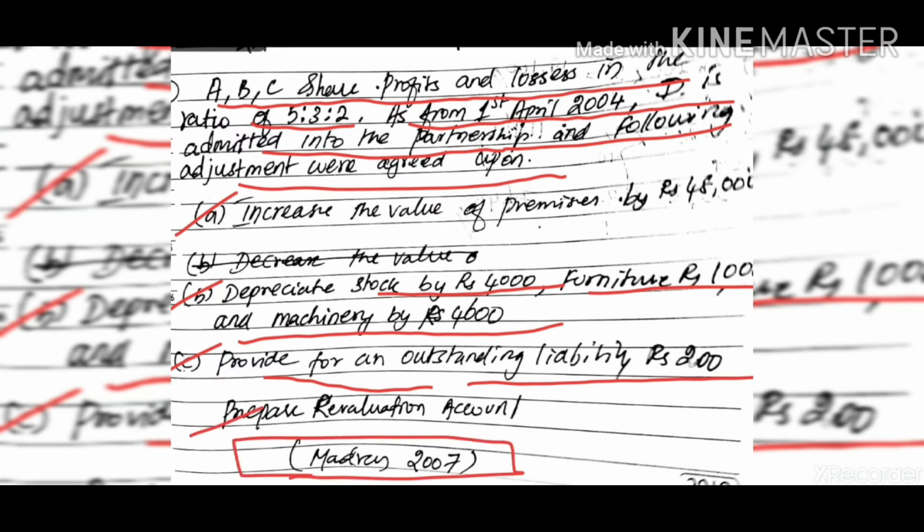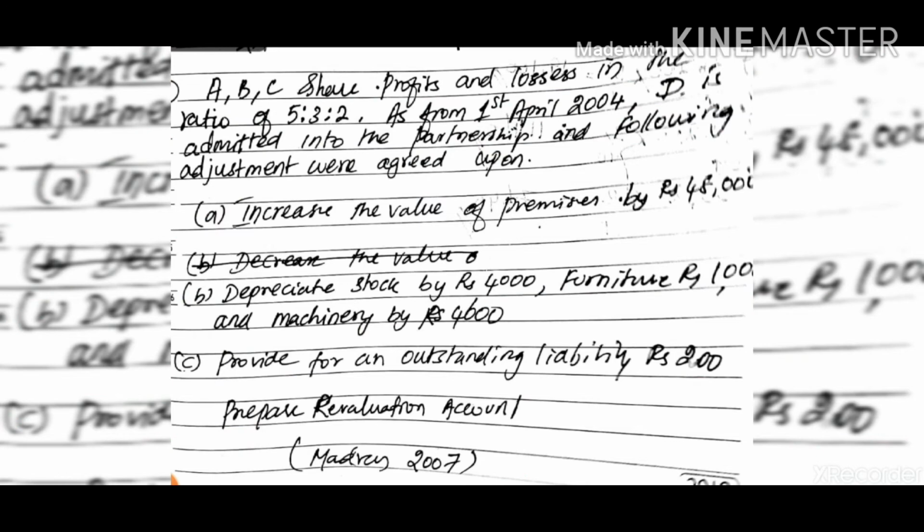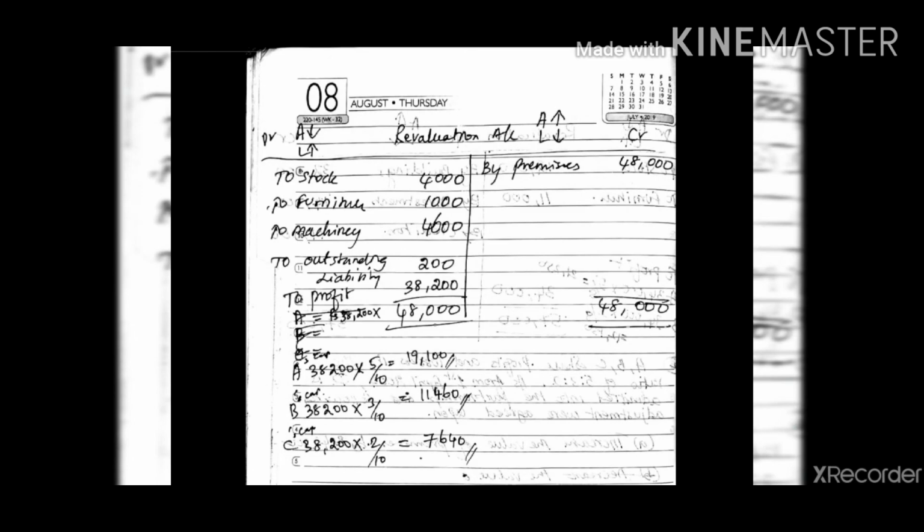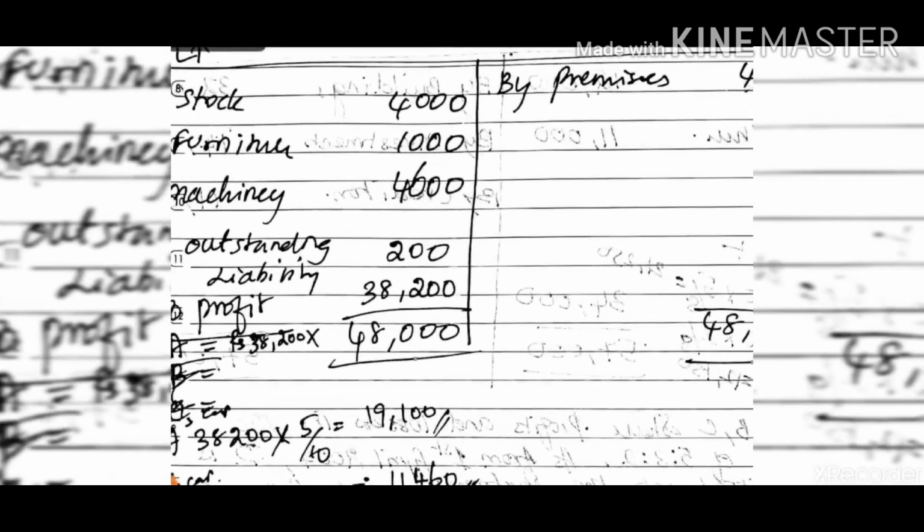Let us discuss the solution part. First one, we have increase the value of premises. So asset value increases, so credit side of the revaluation account. So the revaluation account is prepared.